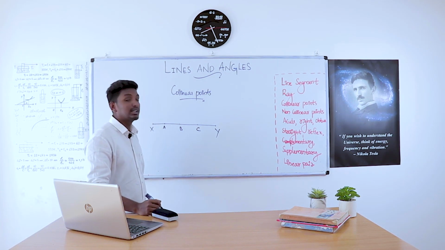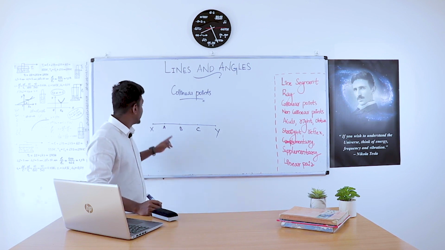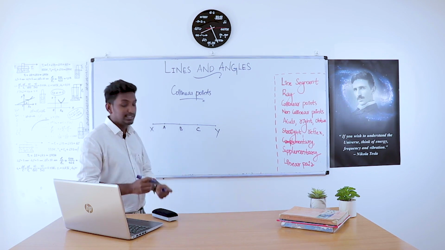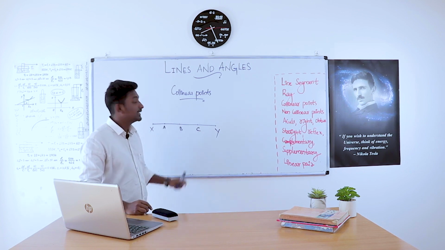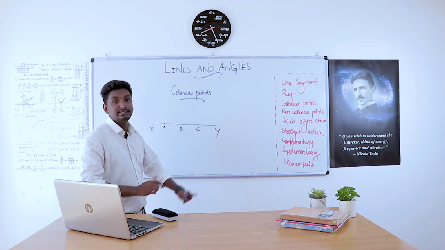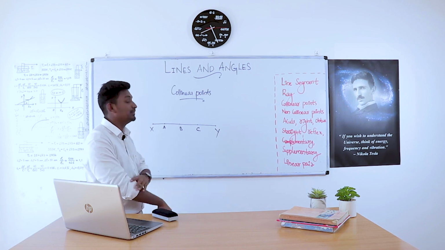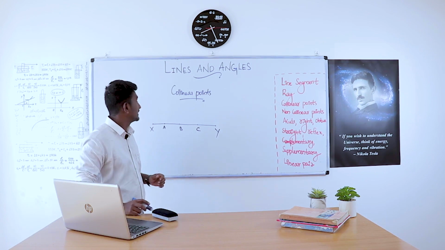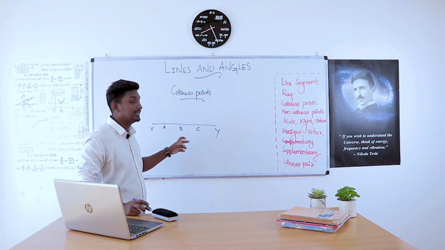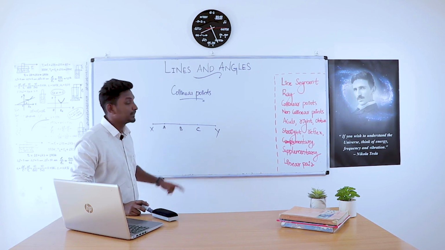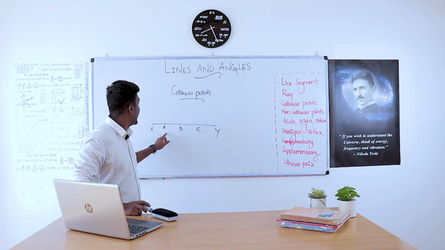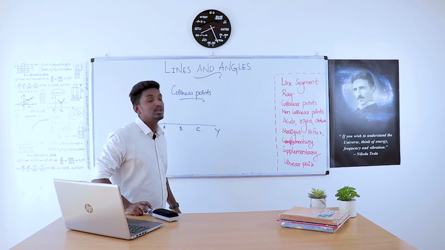These 3 points A, B and C lie on the same line segment XY, then we can say that A, B and C are collinear points.